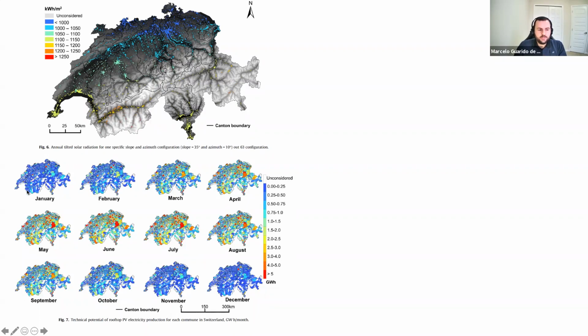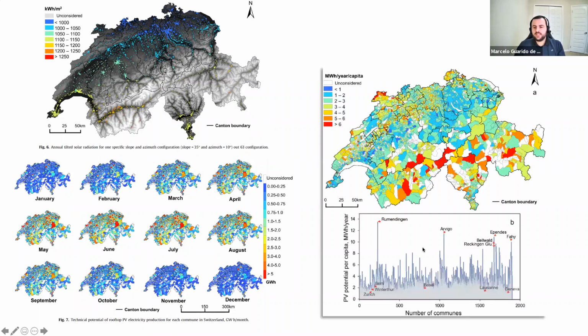And those are the forecasts for the production that you could have for each month of the year, and that's the total for the year. What would be the total production in megawatt hours per year per capita in Switzerland? So that's an amazing job. We might try to reproduce some of the methodology here.